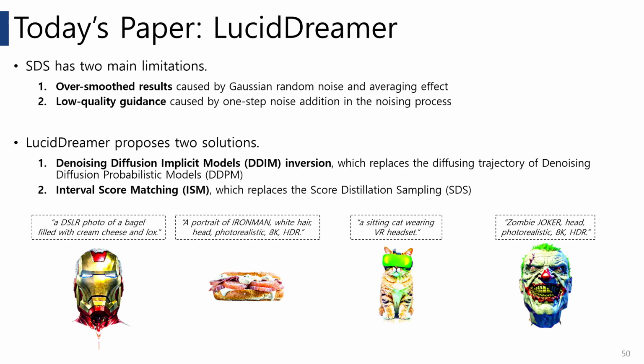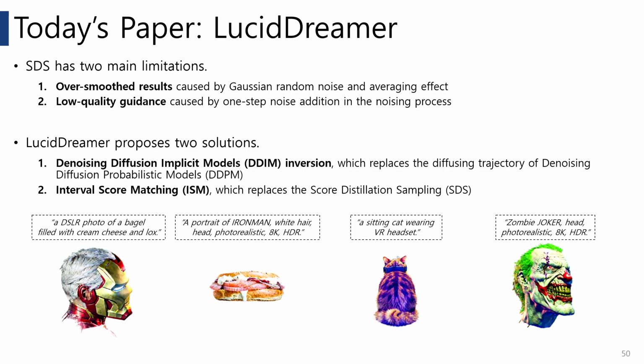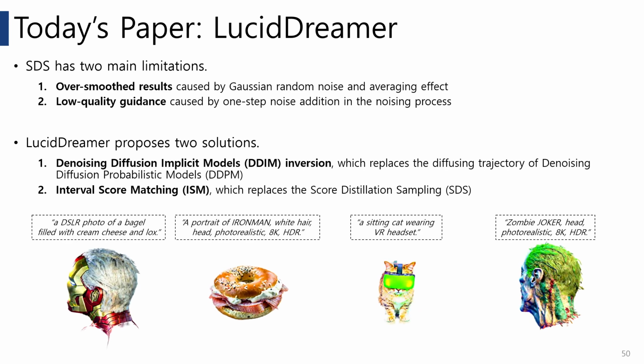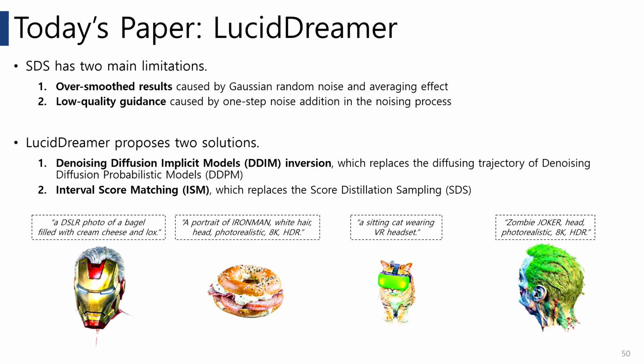The first paper to propose these techniques for text-to-3D generation is LucidDreamer. The image below shows the results of 3D objects generated from text prompts using LucidDreamer. In my opinion, it represents the most advanced outcomes among the current text-to-3D generation methods.